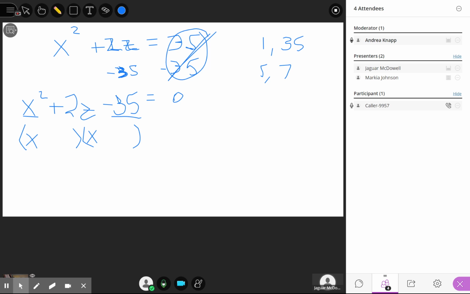So some of our puzzle pieces are these factors, but we also have to consider the signs. It needs to multiply to a negative 35. So a negative times positive is a negative. So our signs are going to need to be negative and positive. Now the question is, which of these pairs should I put in?